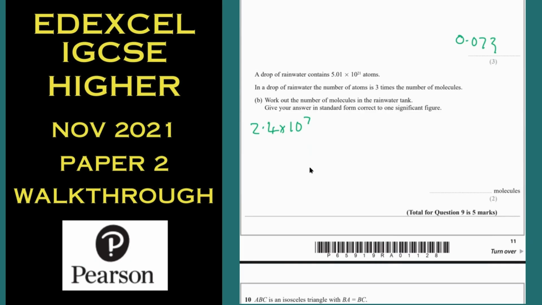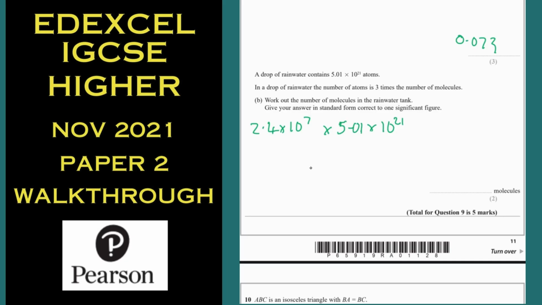Each raindrop has that many atoms, so it needs multiplying by that. But that's not the full answer yet, because that sum there will give you the number of atoms in the rainwater tank.